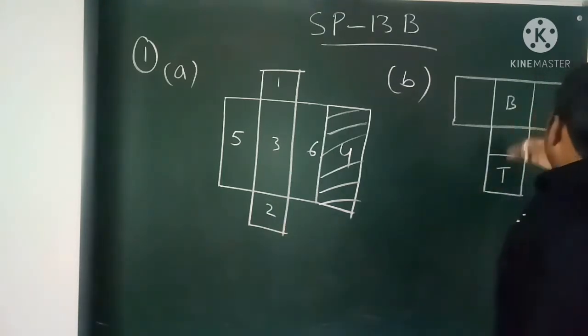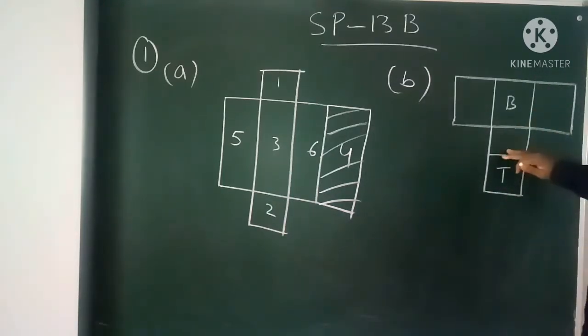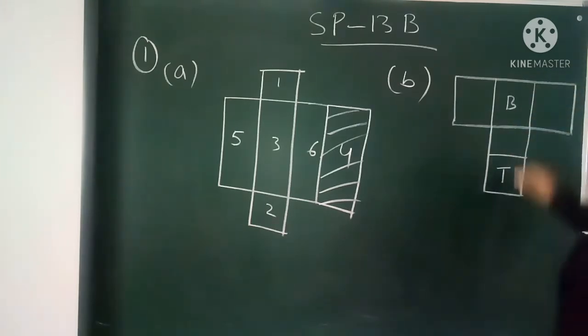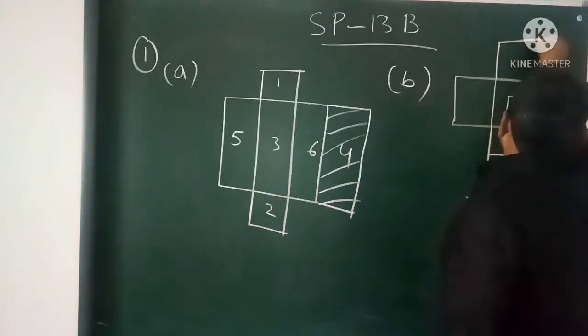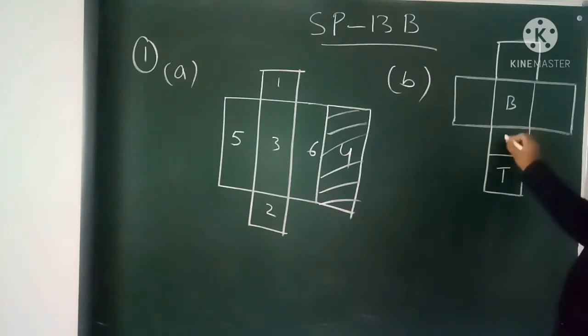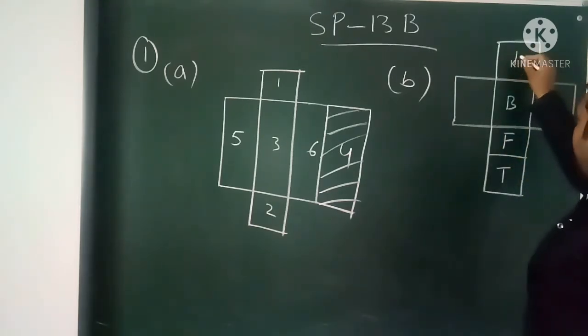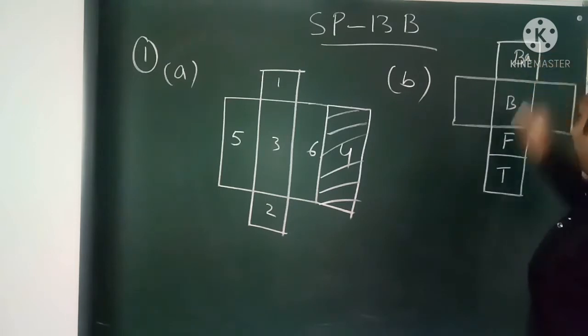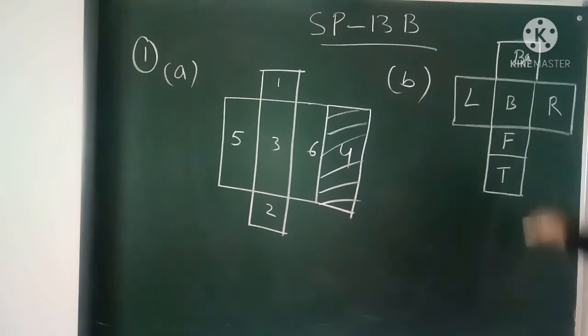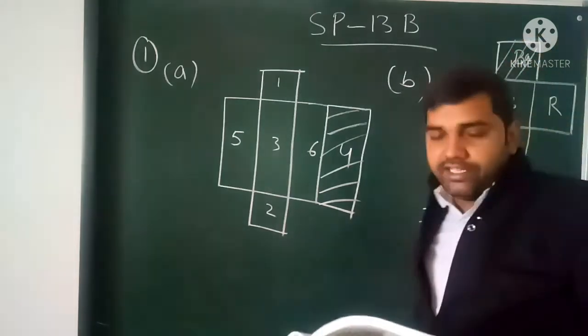So its opposite is not there, this wall. If I turn it along this line, this will be the front wall, and its back wall is missing here. So that back wall you have to add here. If this is the front face, it will be the back wall behind. This is the left face, this is the right face. So you have to add this in this figure to complete the net diagram of the cube.